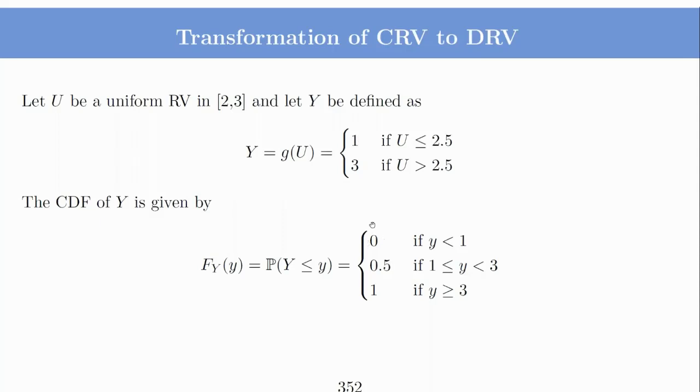If y is between 1 and 3, then all the omega which map to 1 under Y will be included in the pre-image set. They will be all omega for which U(omega) is less than 2.5, so the probability will be 0.5. And when y is more than 3, it will contain both complete outcomes, so the probability will be 1.